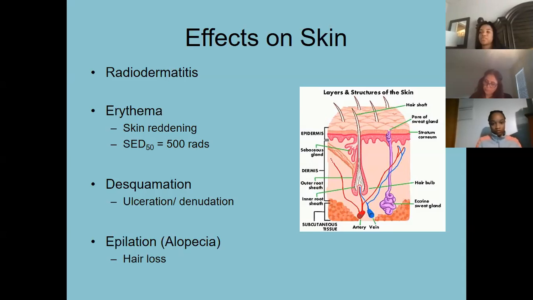SED stands for skin erythema dose. The SED 50, which is listed here, is the dose at which 50% of an exposed population would get erythema. The SED 50 is approximately 500 rads. Now, rads is the old unit.